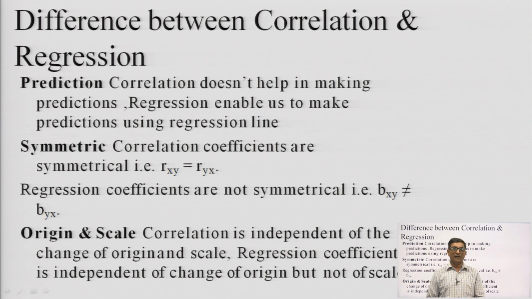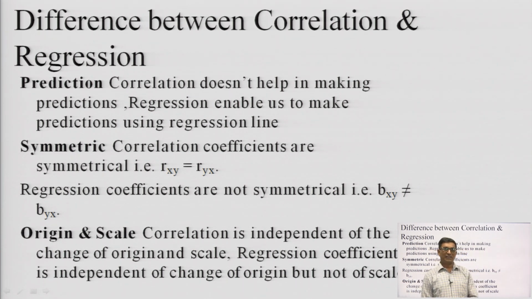Regression is generally related to correlation, but there are differences between correlation and regression. In terms of prediction, correlation does not help in making predictions, while regression enables us to make predictions using the regression line.